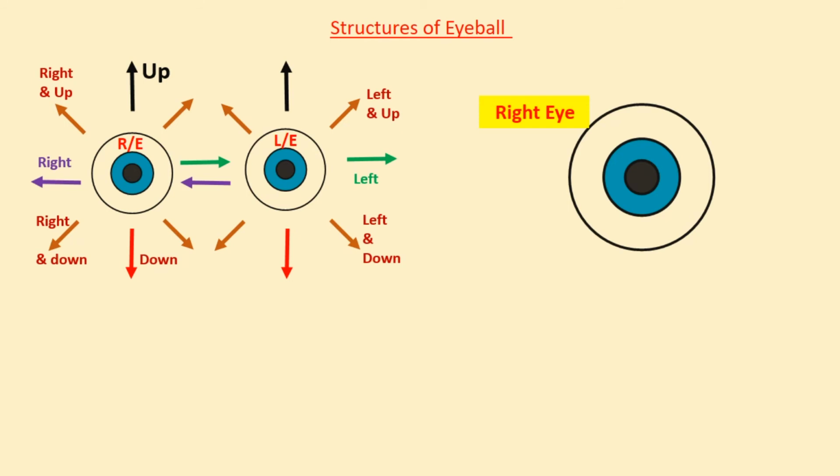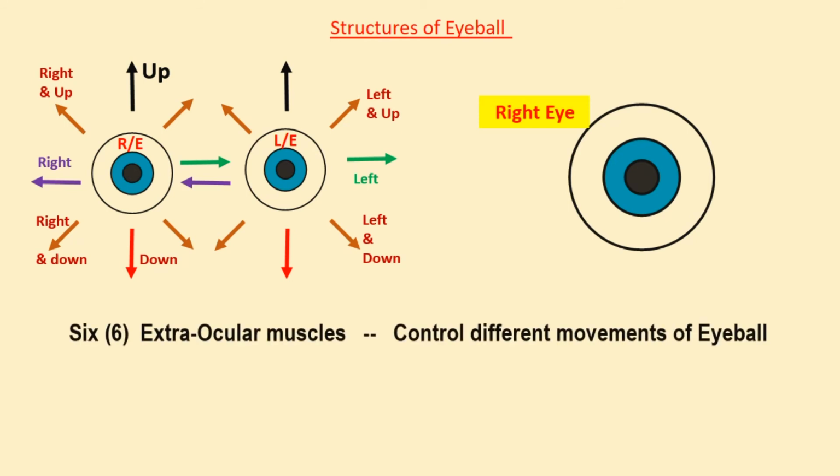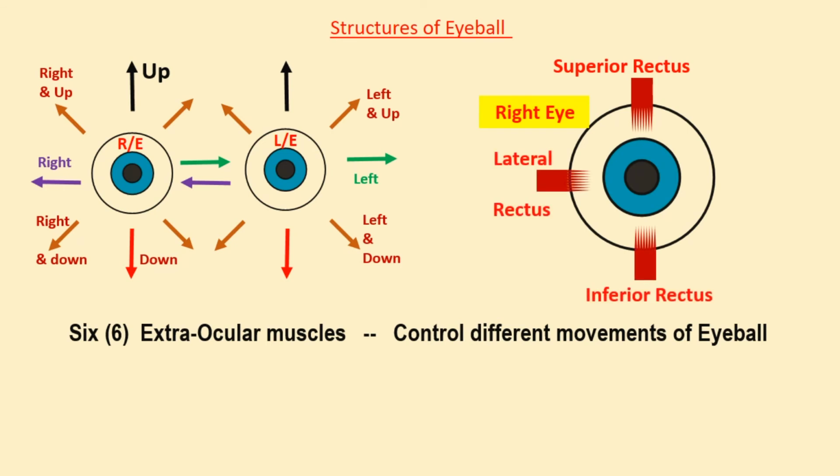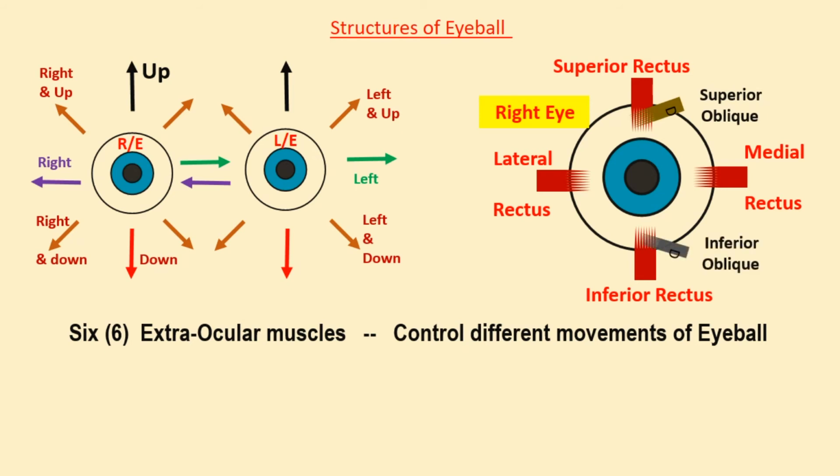These muscles are called extraocular muscles and they control different eye movements. The muscles are superior rectus, inferior rectus, lateral rectus on the side of the ear, medial rectus on the side of the nose, and obliquely attached superior oblique and inferior oblique.